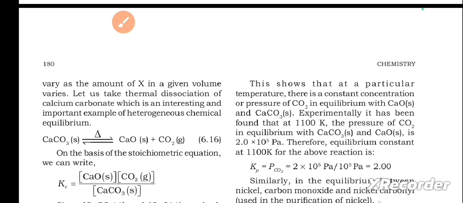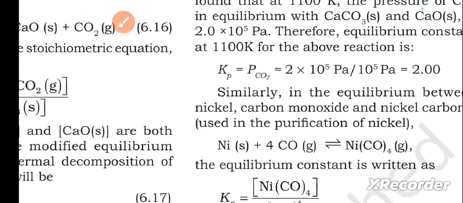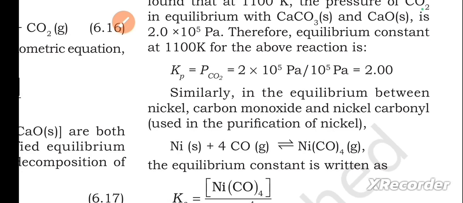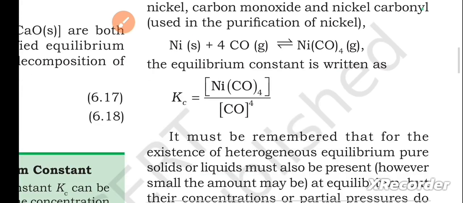Therefore, the equilibrium constant at 1100 K for the above reaction is given below. Similarly, in the equilibrium between nickel, carbon monoxide and nickel carbonyl, used in the purification of nickel, Ni(s) plus 4CO(g) gives rise to Ni(CO)4(g). The equilibrium constant is written in this way.